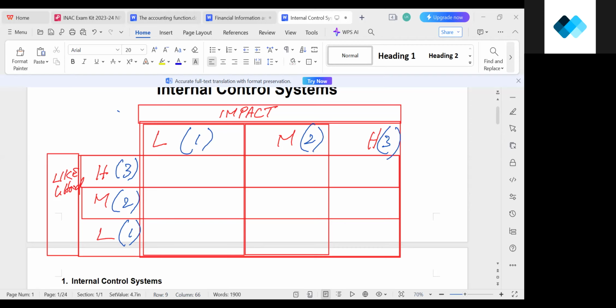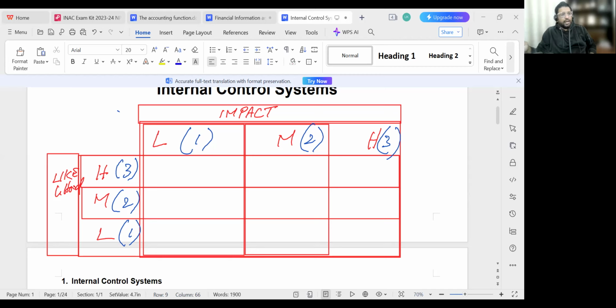All right. So for example, the storeroom where the company is keeping the inventory is not locked, okay? And all employees have access to the storeroom.